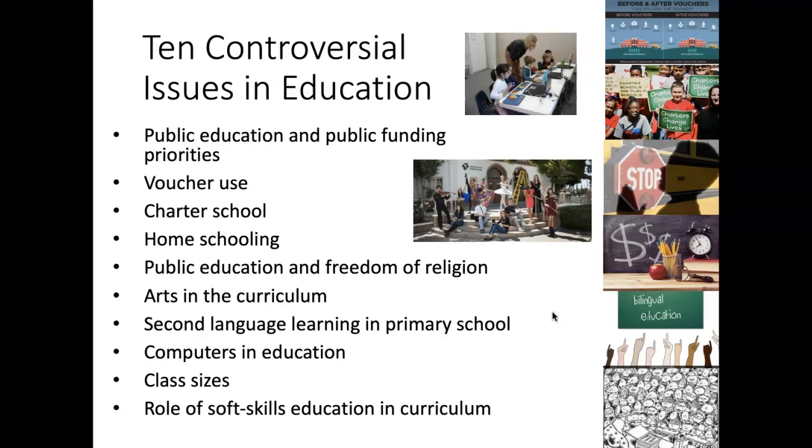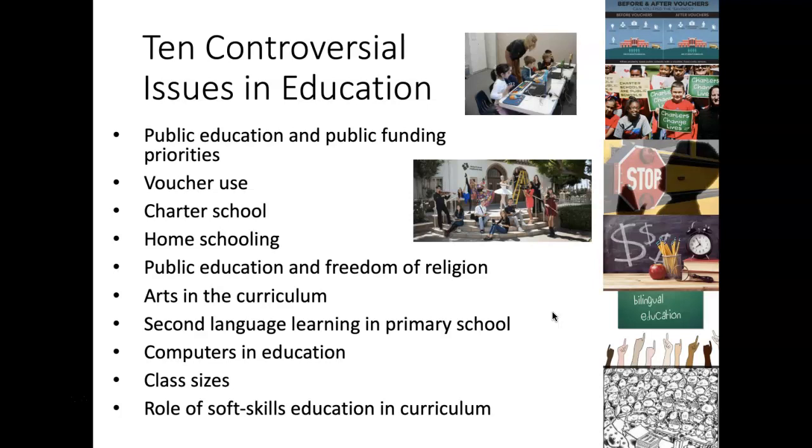The next controversy is computers in education. What is the role of technology in learning? And is technology an appropriate way for children to learn? And if so, how much of the time should be spent with technology and how much of the time should be spent, as Vygotsky would say, with a more skilled peer or a teacher scaffolding through language, for example. The next one is class sizes.